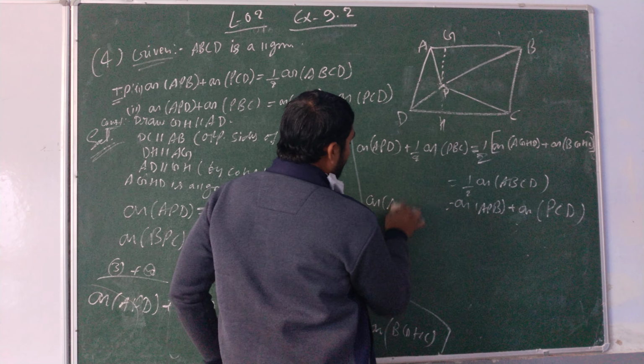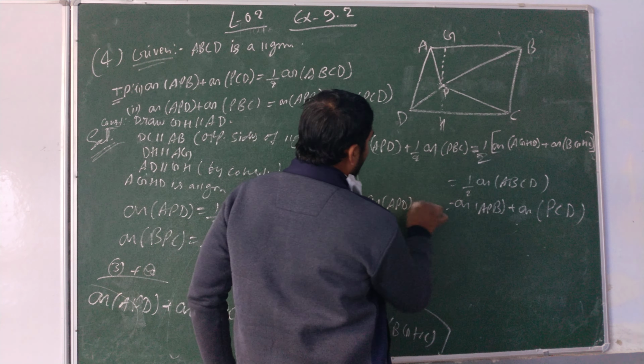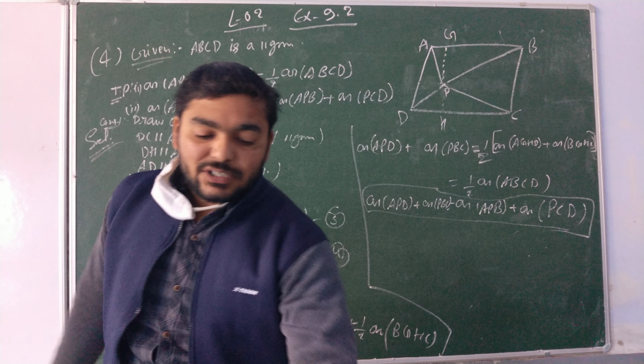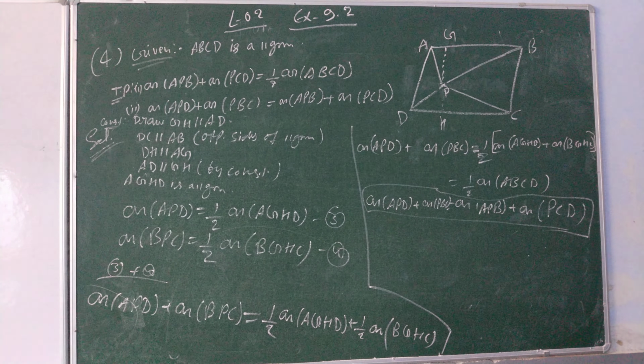This is the condition which you have to prove. Okay? Note it down fast. Pause the video and note it. Thank you. The next question we will do in the next video.